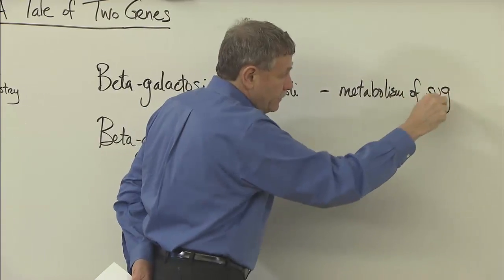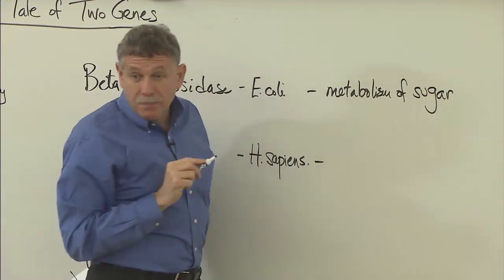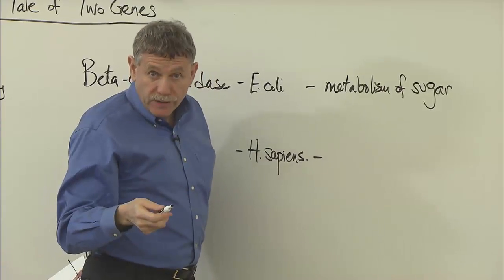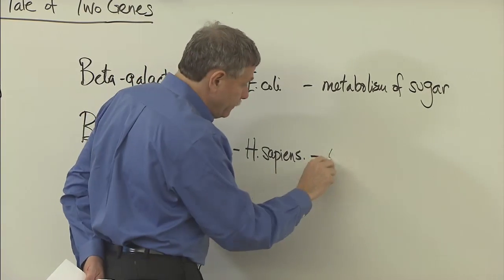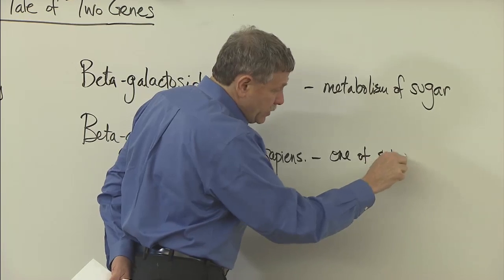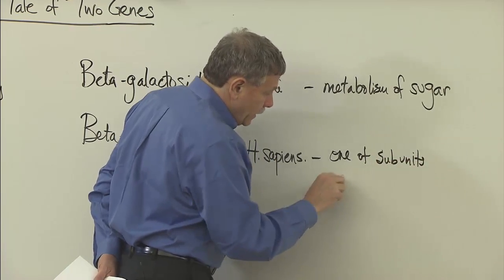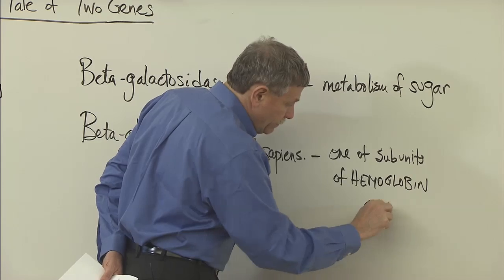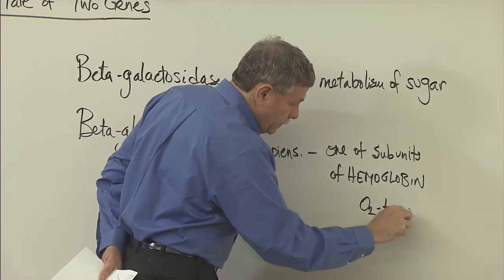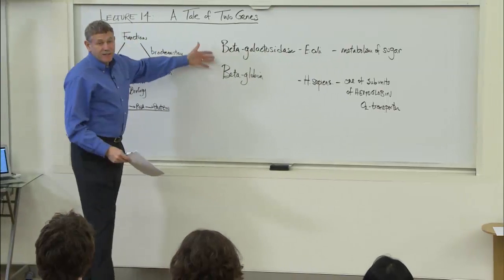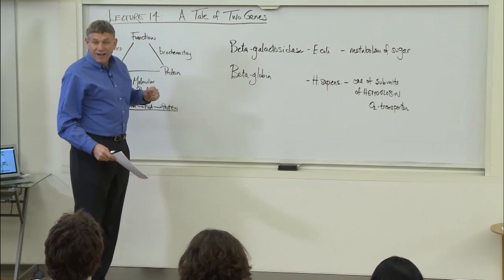And this, we've actually briefly met it before when we talked about proteins, encodes one of the two proteins involved in hemoglobin, one of the subunits of hemoglobin, which is an oxygen transporter in the human blood. It's an accident that they're both called beta, but it's kind of nice.